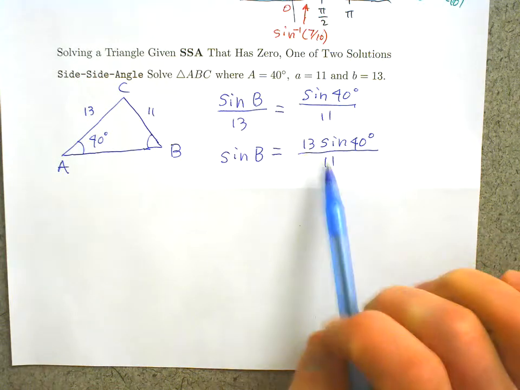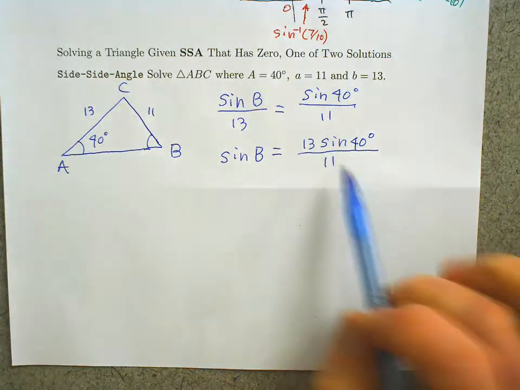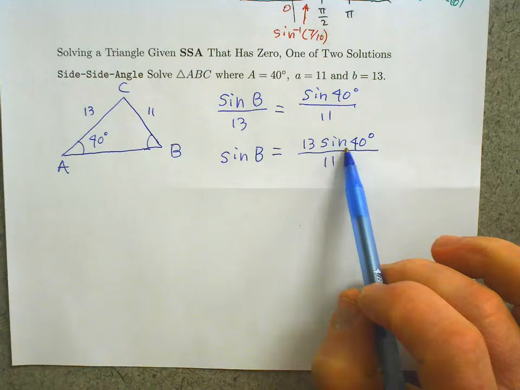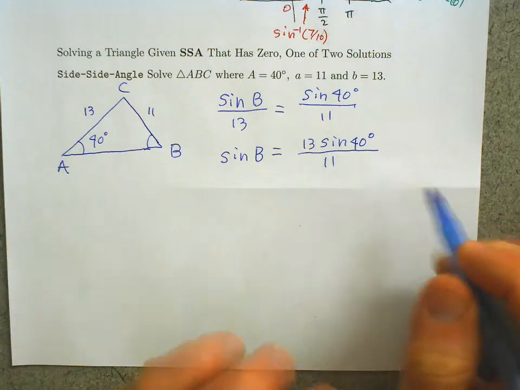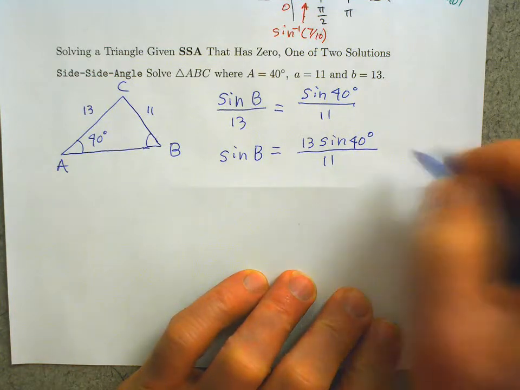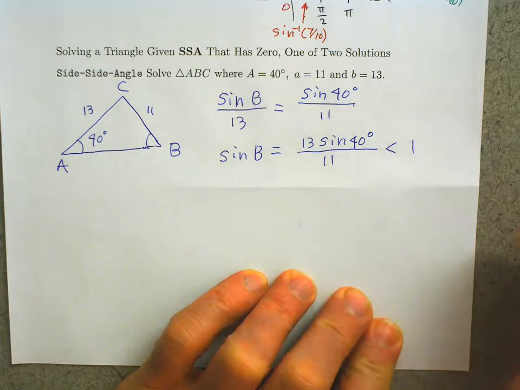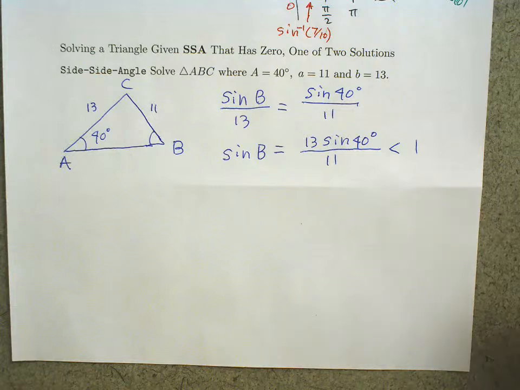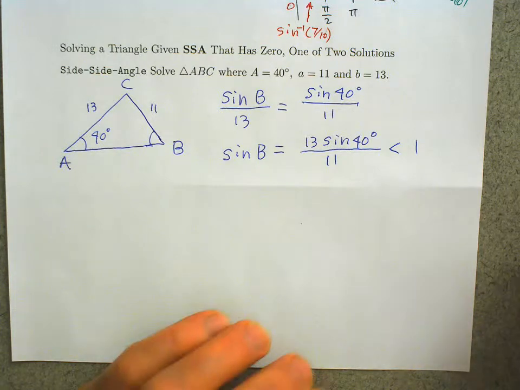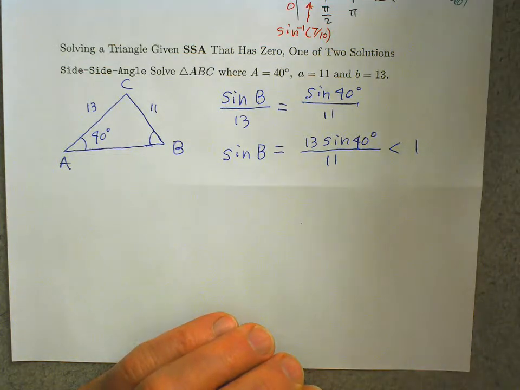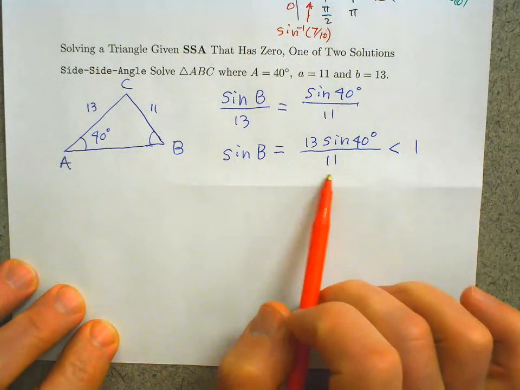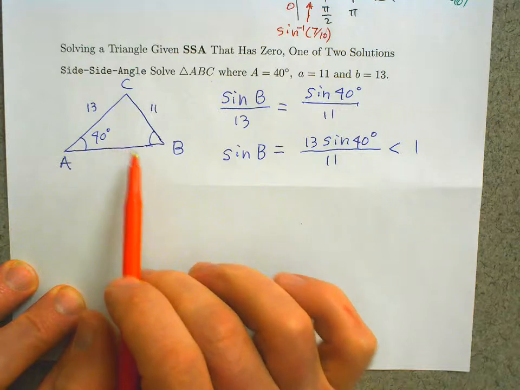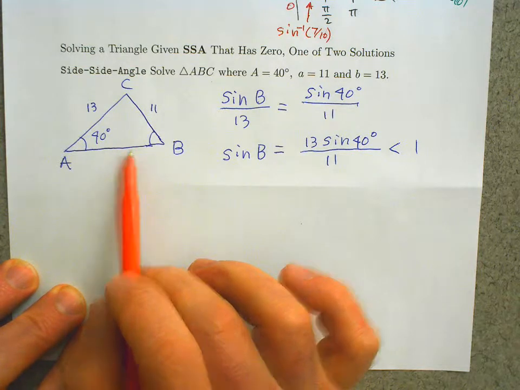So 13 over 11 is bigger than 1, but we're multiplying that by a number that's just a little bit bigger than 1/2. So this is less than 1. And so it appears that under the given conditions, this has 2 different triangles.